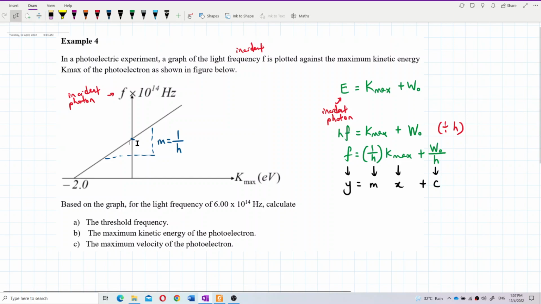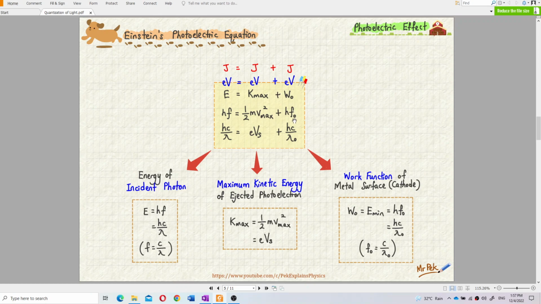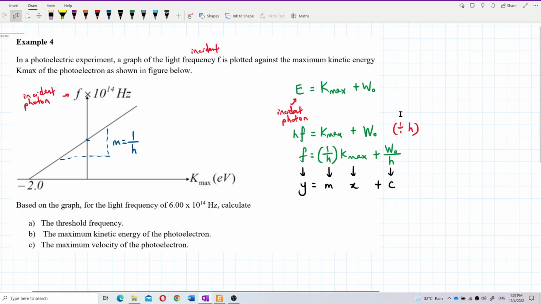What is actually W naught over h? We know that W naught is hf naught, or hc over lambda naught, whereas the energy of a photon is E equal to hf.